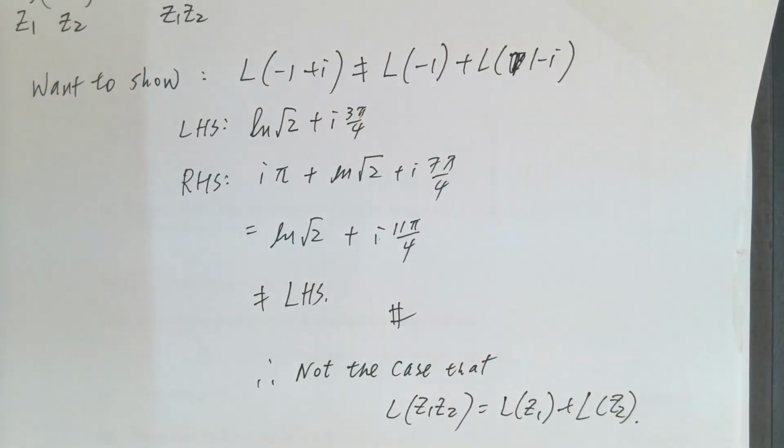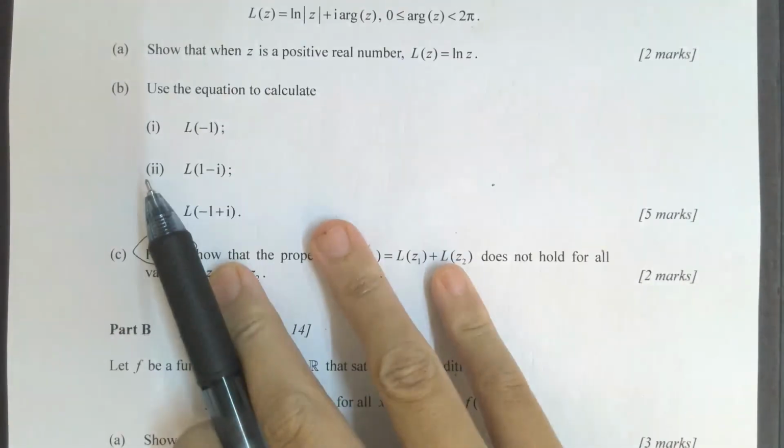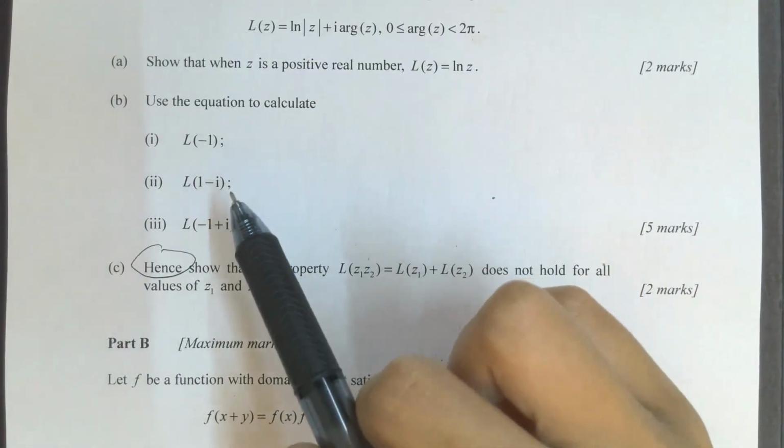I hope this is clear enough. I can't believe I spent 30 minutes on this question. But basically, what I like about this question is that it really asks you about knowledge of this thing.